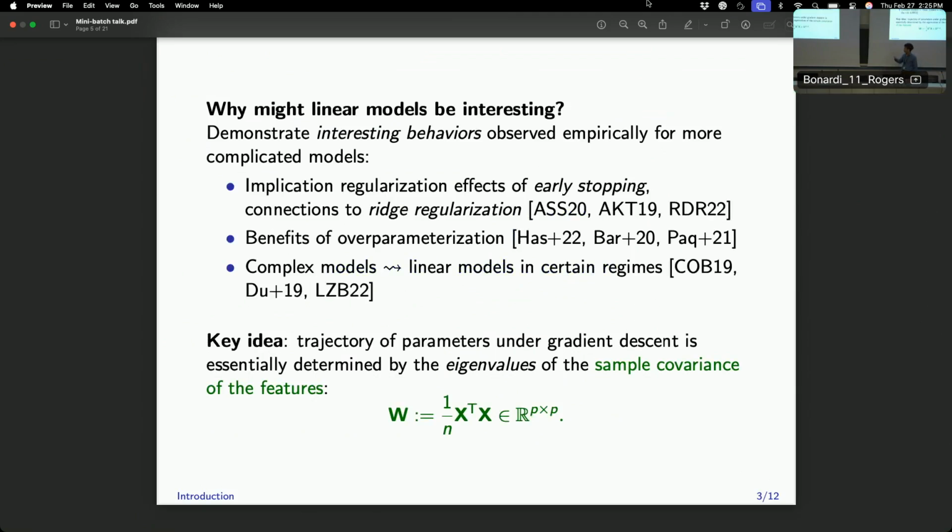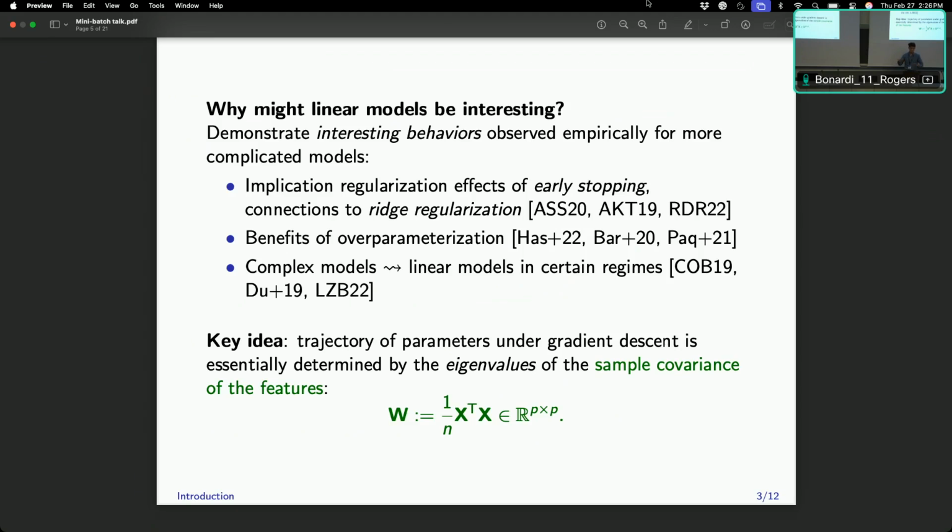So linear models, one answer I think that might be relevant to the techniques that appear in this talk is that they demonstrate interesting behaviors observed empirically. So the first one is that you have gradient descent and you want to understand its implicit regularization effects, and there are works explaining that gradient descent for linear models acts as a shrinkage estimator. And that's why it has similar effects to ridge regularization.